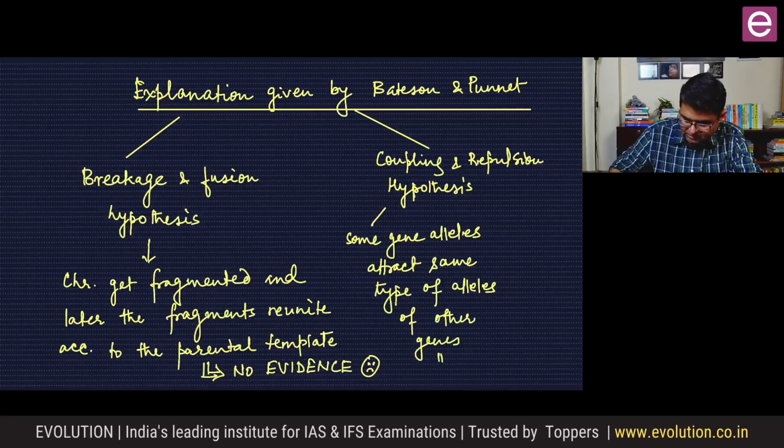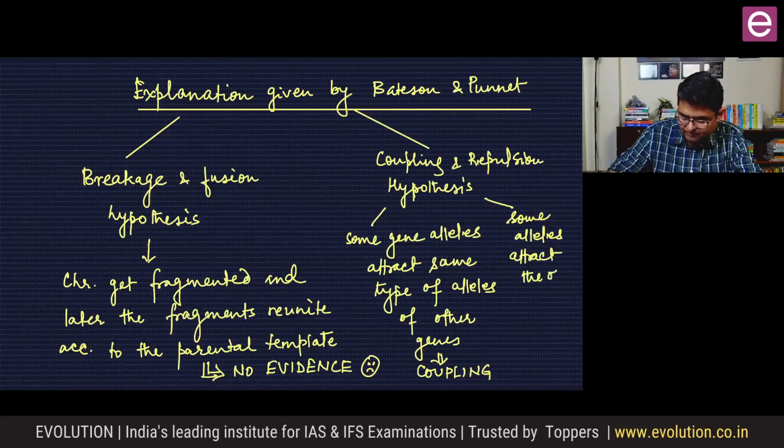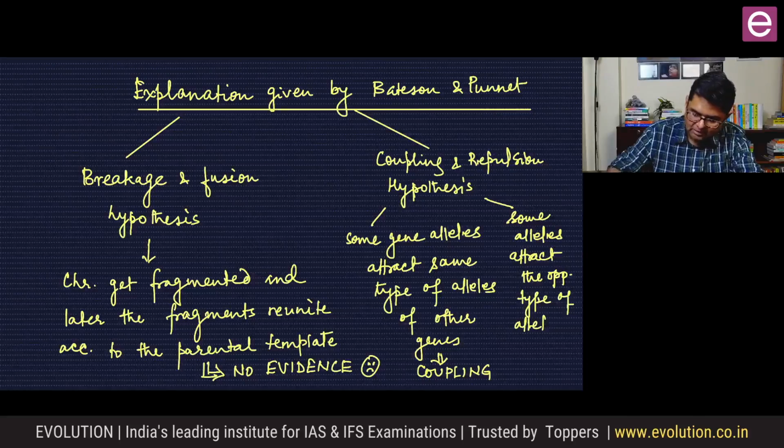So that was coupling, and second is some alleles attract the opposite type of alleles of other genes.